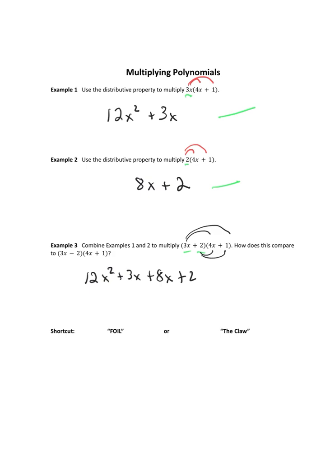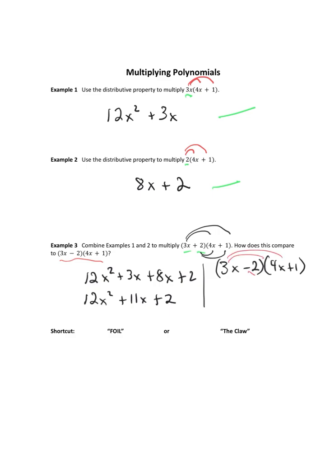And then the two middle terms can be combined. So that would be 12x squared plus 11x plus 2. All right. And then there is kind of a little follow-up here. What if the sign was different? What if it was 3x minus 2 times 4x plus 1? So notice the sign's different.